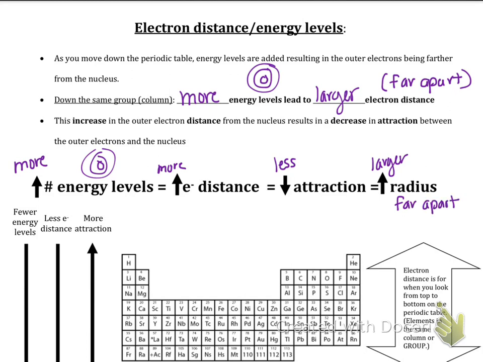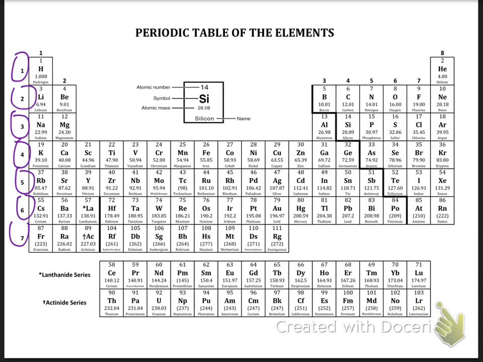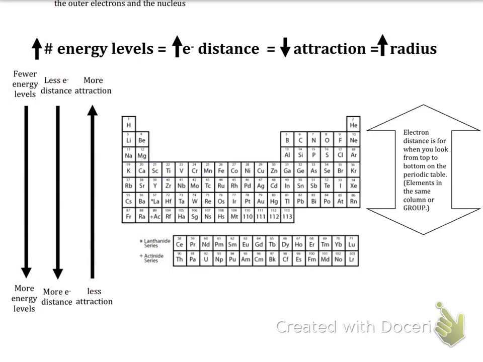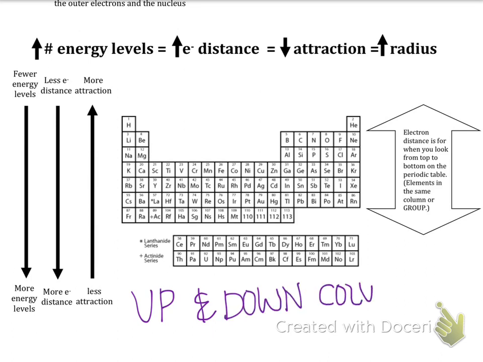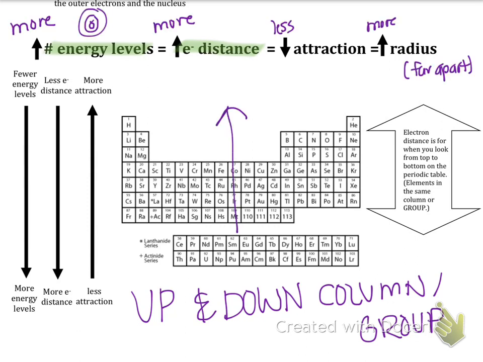This is most important when we're going up and down in columns. Let me draw that over here. When you're going up and down a column, in chemistry we call this a group. These are the things that are the most important to us: energy levels and electron distance. So this is really important going up and down the periodic table.